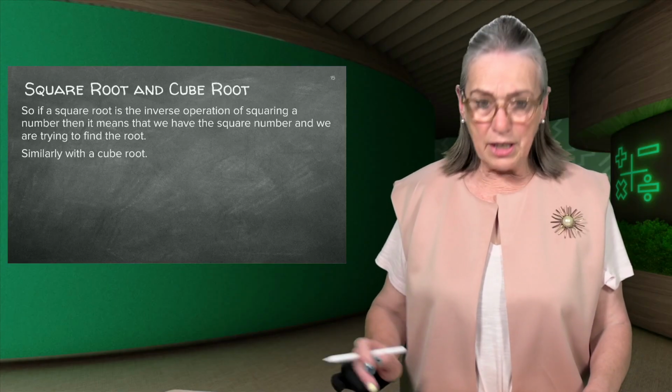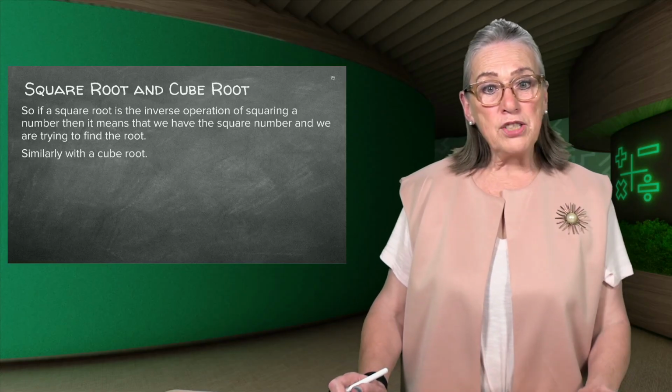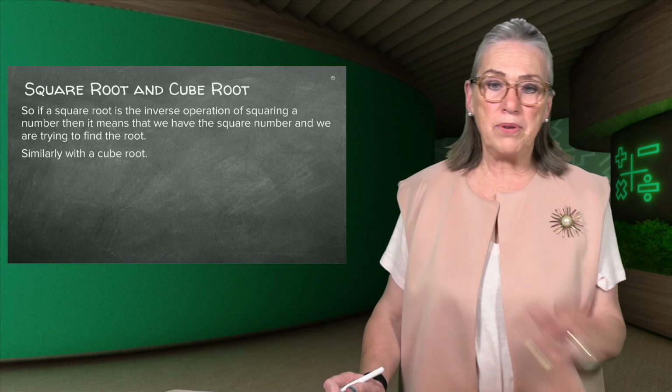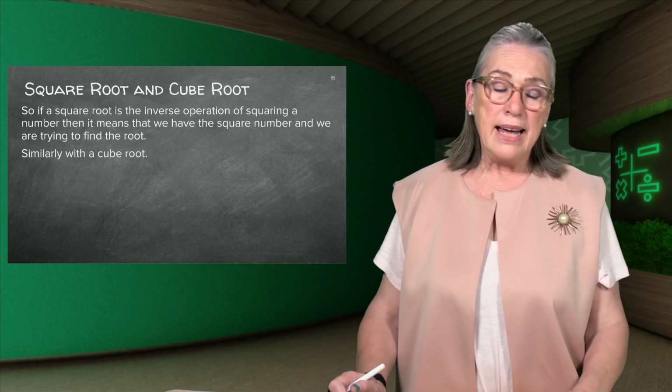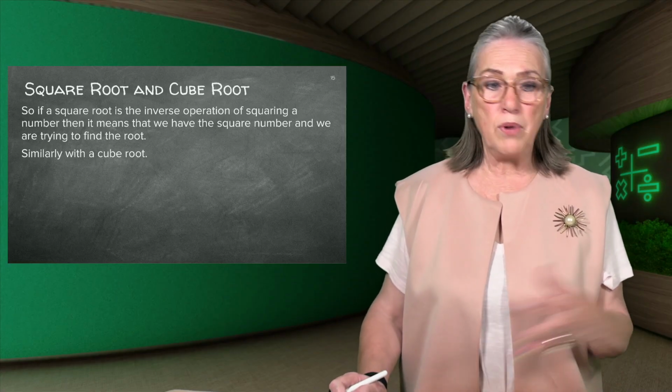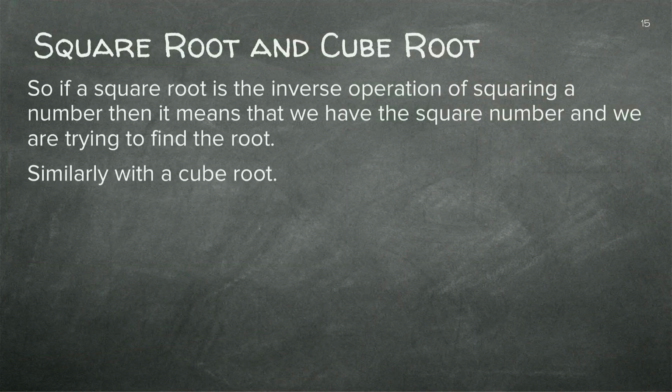Okay, so if a square root is the inverse operation of squaring a number, then it means that we have the square number and we are trying to find the root. Similarly with a cube.